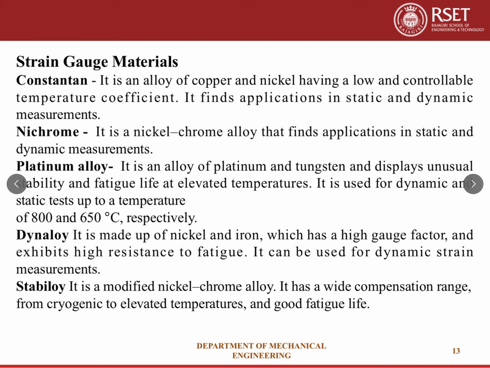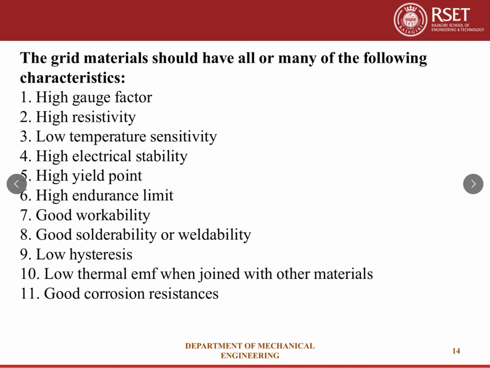Then strain gauge material, normally we have constantan, nichrome, platinum, etc. as strain gauge materials. The grid material should have all or many of the following characteristics. We have 11 characteristics, 1 to 11.